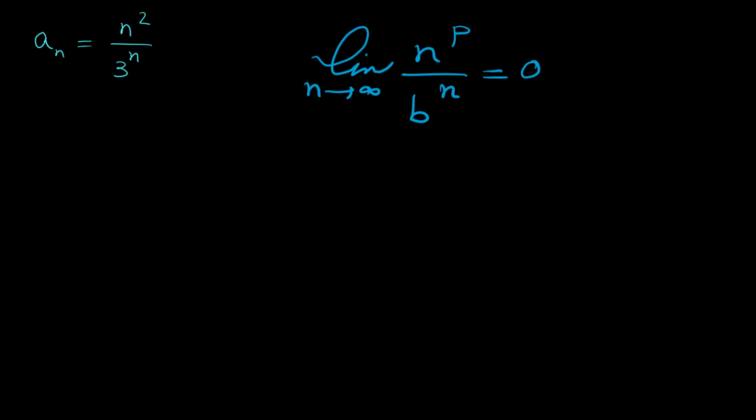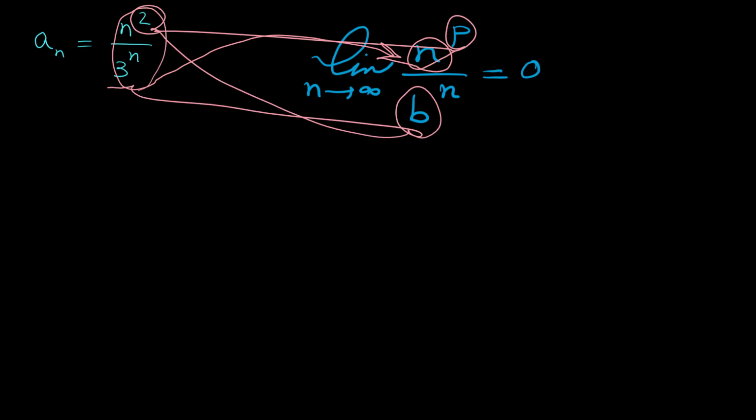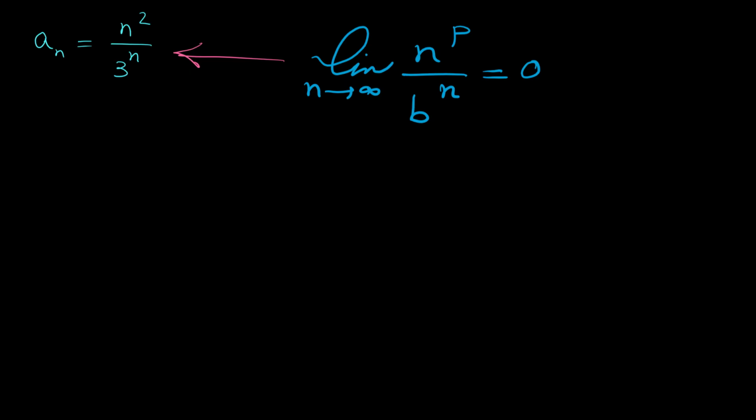But we want to prove this. We know that the limit exists and is 0, but we want to prove it. Because if you note, this is in the form n to the power 2 over 3 to the n. So we know that this limit is 0 based on this rule.